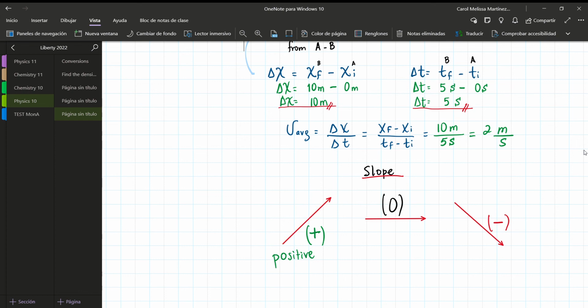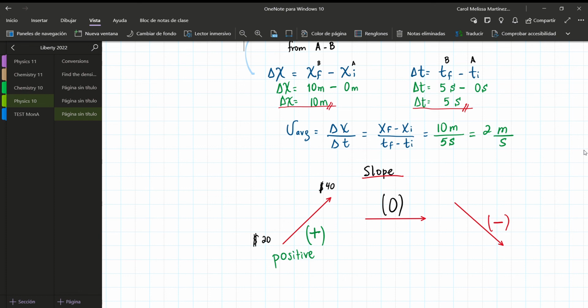Now, when the slope is 0, it means that no change actually happened. So imagine in the bank example, initially you have $20, and after a year, you have $40. That's something positive because in a year you got more money than you had initially.